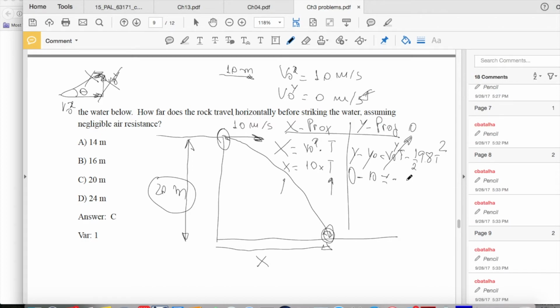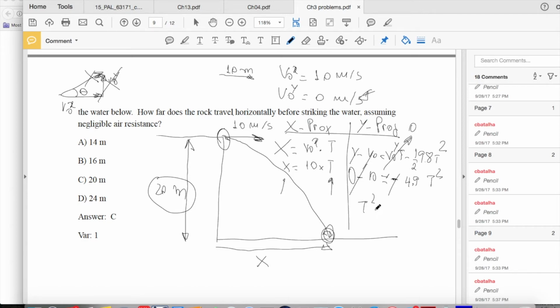And then this is equivalent to negative 9.8 divided by 2, which is negative 4.9 t squared. Right? So the negative cancels with negative.